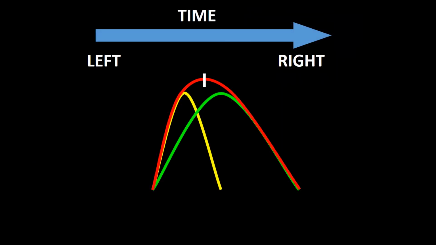I have schematically represented here an ultimate wave in red being produced by 2 waves, a faster wave in yellow and a slower wave in green. The arrow above indicates the direction of time.